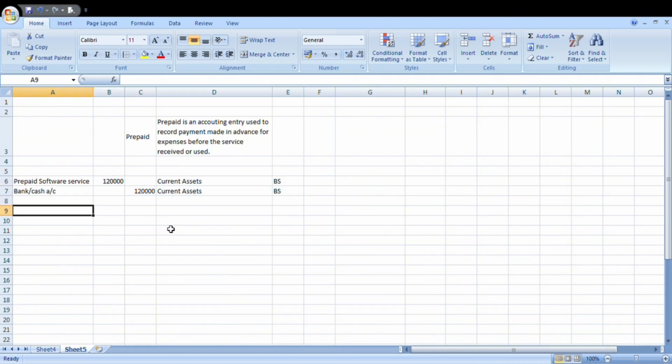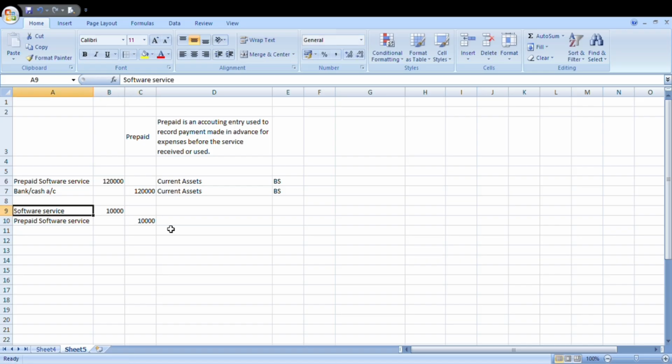This is the first entry after paying. Later, every month we'll do the amortization entry. What is that? Software service account debit to prepaid service credit, 10,000.